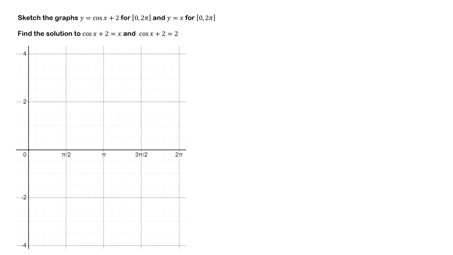When drawing and sketching a trigonometric equation, remember we have y equals cos x. Let's write that a little neater. Y equals cos x plus 2. Our plus 2 here is our vertical translation, which means the center of our cos wave is going to be at 2 here.